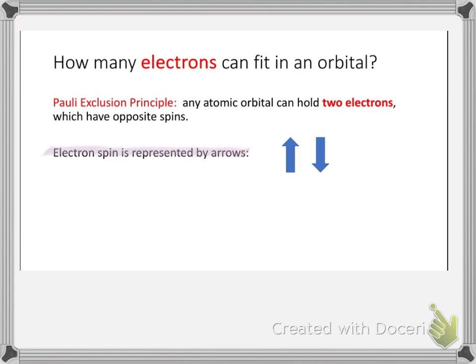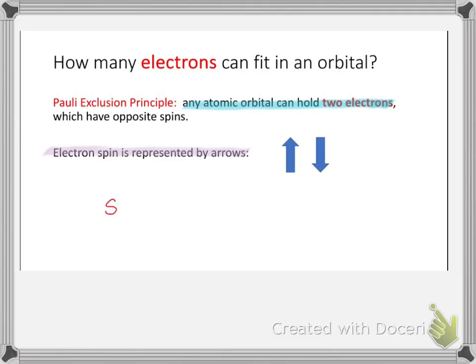And so every orbital, here's an important thing. This is very important. Any atomic orbital can hold 2 electrons. It doesn't matter what type. An s orbital can hold 2 electrons. A p orbital can hold 2 electrons.